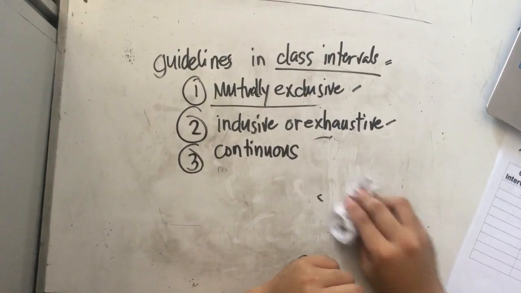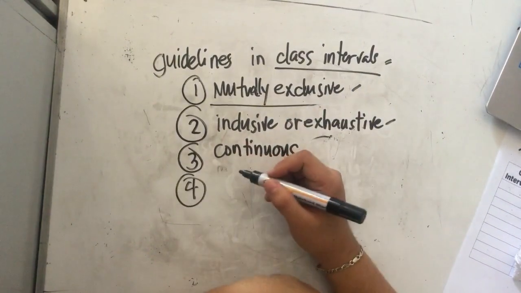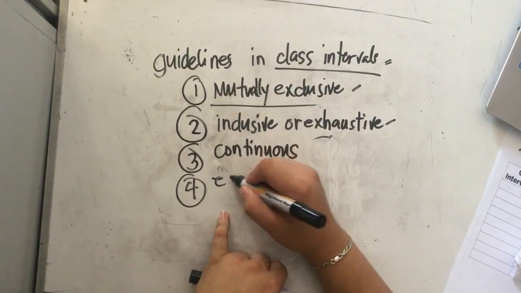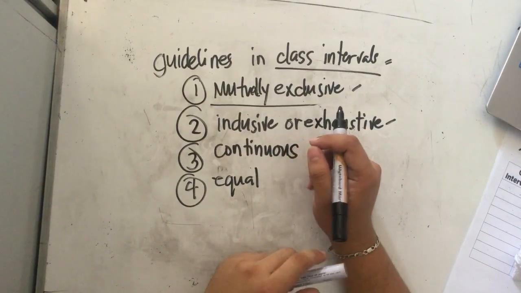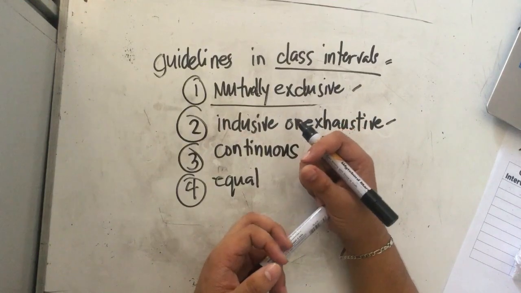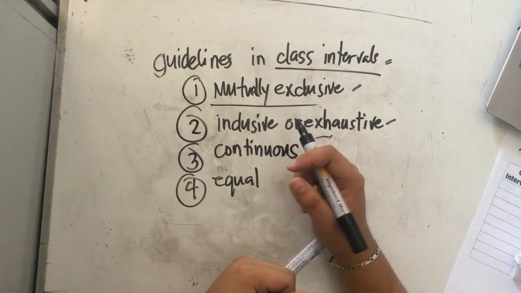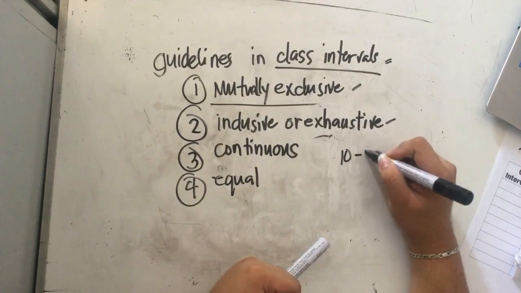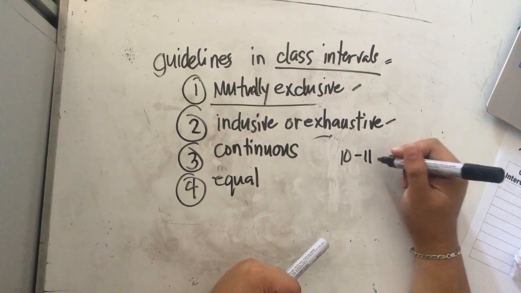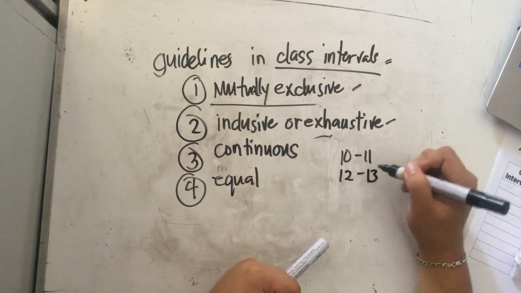Okay? So, next guideline, it should be equal. Okay? So, kailangan, gaya ng sabi ko kanina, kahit walang bearing yung class width natin, ang pinaka dapat tatandaan natin in our class interval, kailangan equal siya. So, kung gaano kalaki yung ating class width doon sa first interval natin, doon sa second interval, kailangan ganun pa rin.